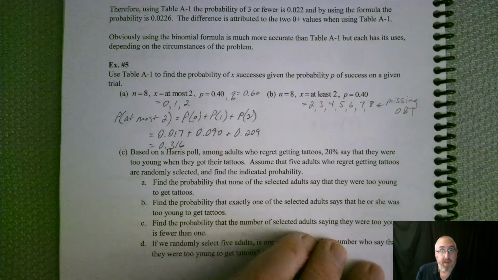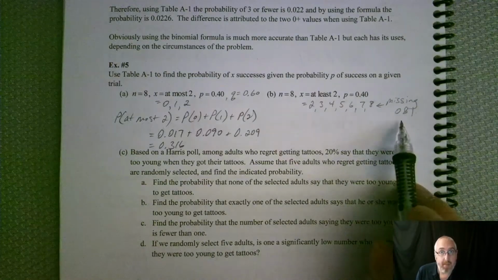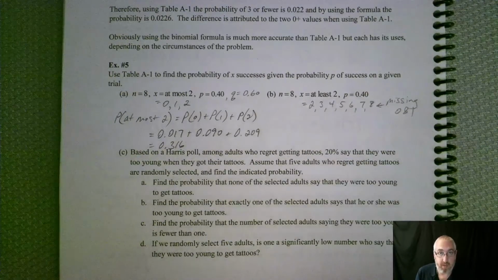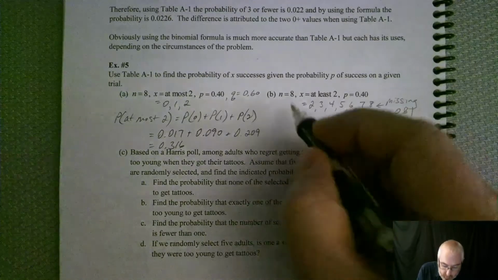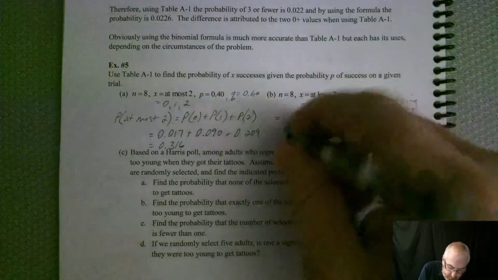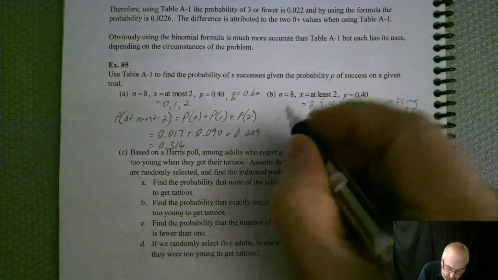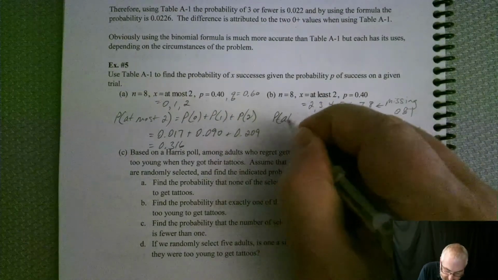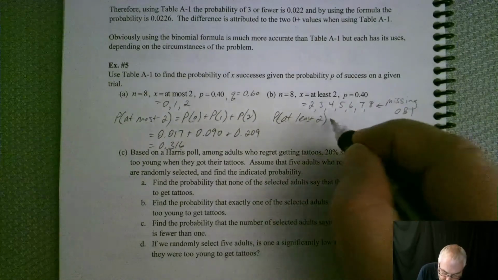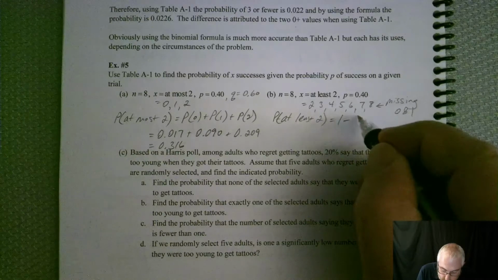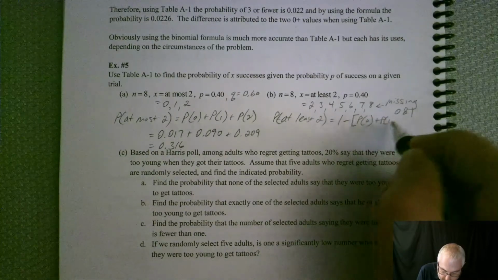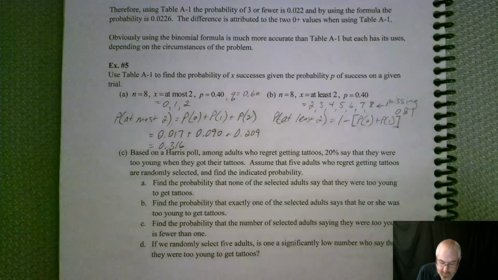So it's going to be to our benefit to use the complement to find this probability versus looking up all these individual probabilities. So we're going to want to say, I'll write out the whole thing. So if we want the probability of at least 2, this is going to be equal to 1 minus what's missing, probability of 0 plus the probability of 1.